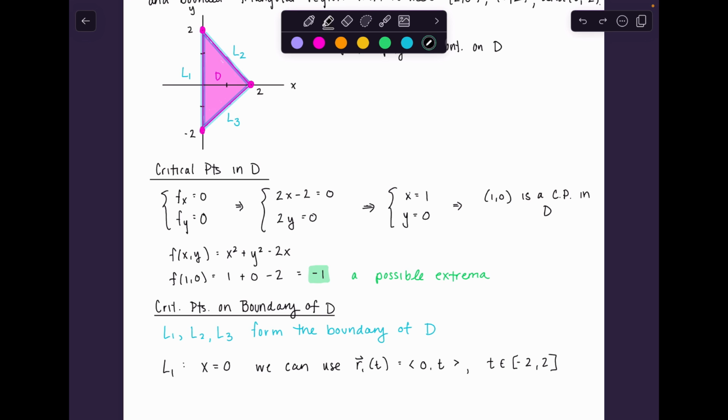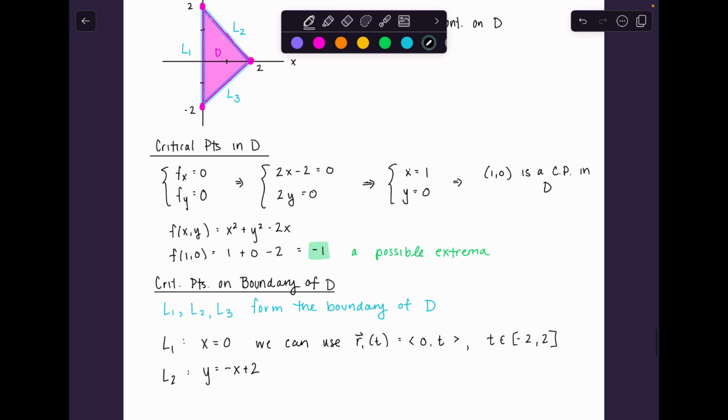Okay. Line 2, if I look at this line, the y-intercept is positive 2, and then the slope is negative 1, because you go down 2 to the right 2. So this line would be y is equal to negative x plus 2. And then you can flip-flop it to make it nicer. It's 2 minus x.